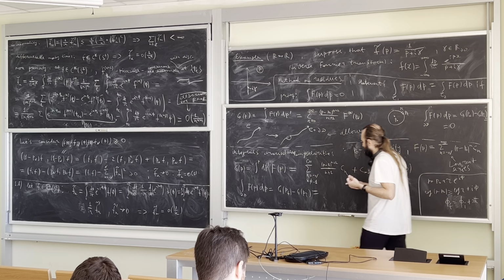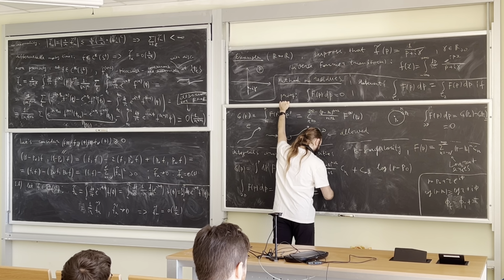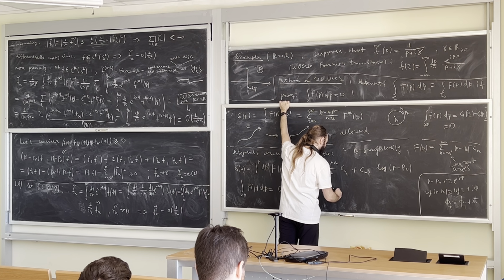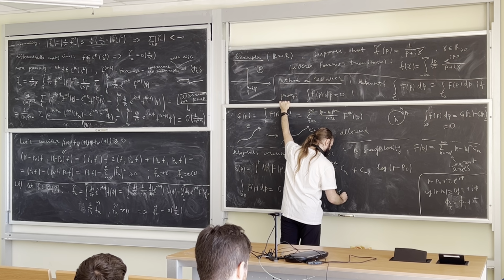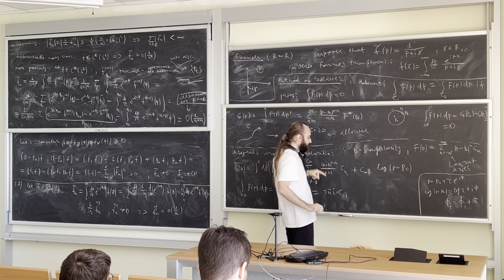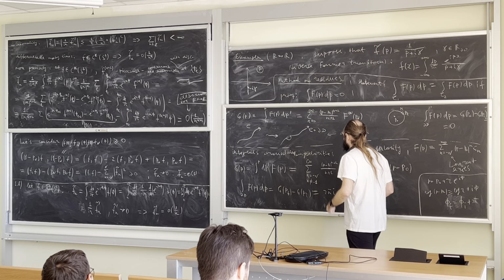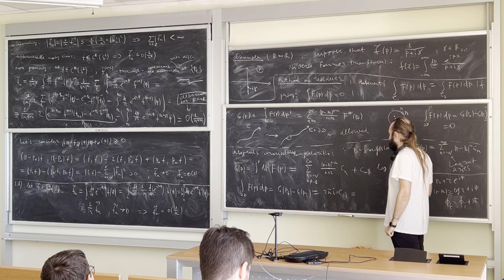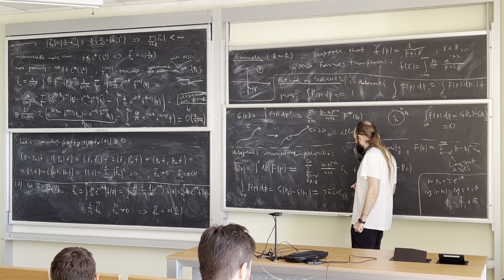So this difference equals 2 pi i times c minus 1.